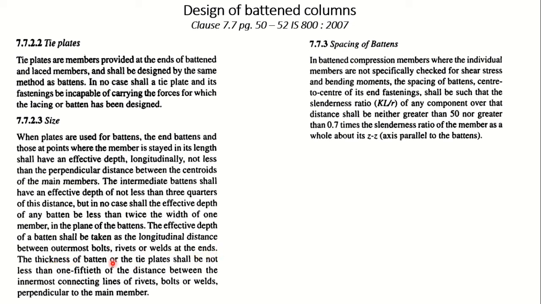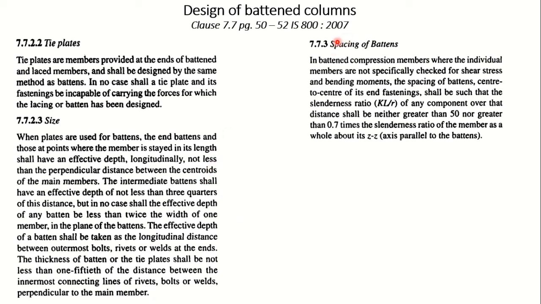The thickness of battens or the tie plate shall not be less than 1/5 of the distance between the innermost connecting lines of the rivets, bolts, or welds. So in this size clause, it is mainly giving us the depth of the batten plates. For intermediate batten plates, the depth should be 3/4 times the distance between the centroids of the main members, and for the end battens it shall be 1/5 times the distance between the innermost lines of the bolts or rivets. So this will be the depth of the batten plate.